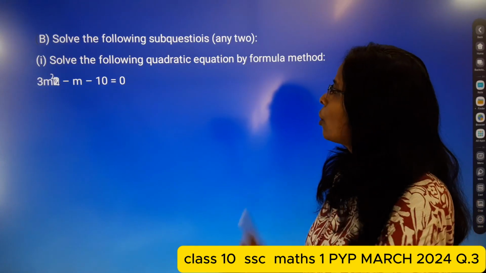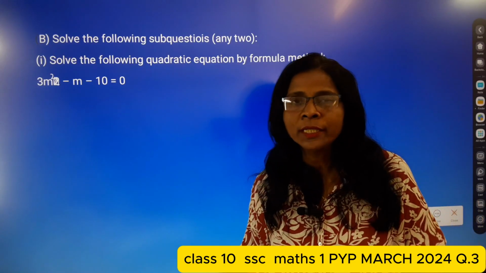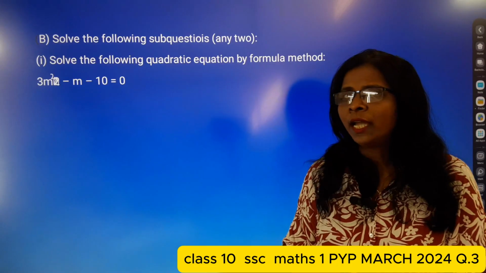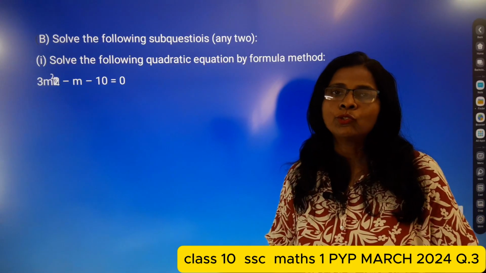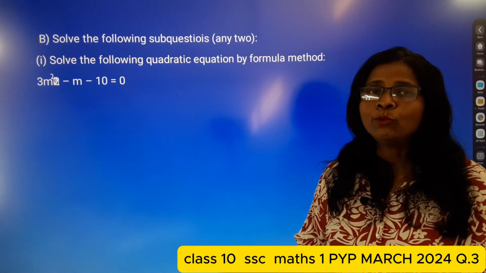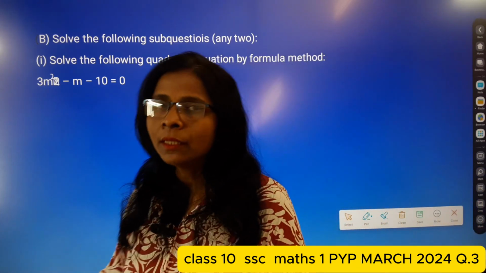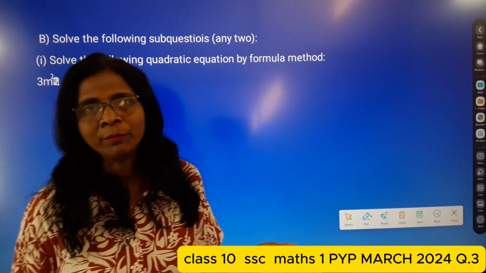They mentioned that you have to solve this quadratic equation with the help of the formula method. That means you must solve using the formula method. Do not use the other method for solving, students.